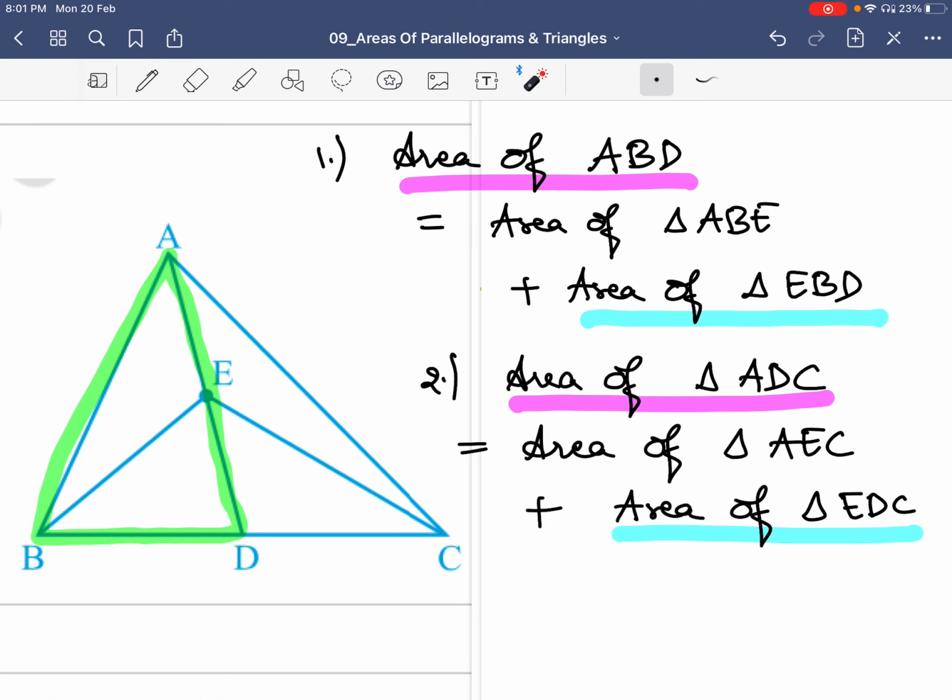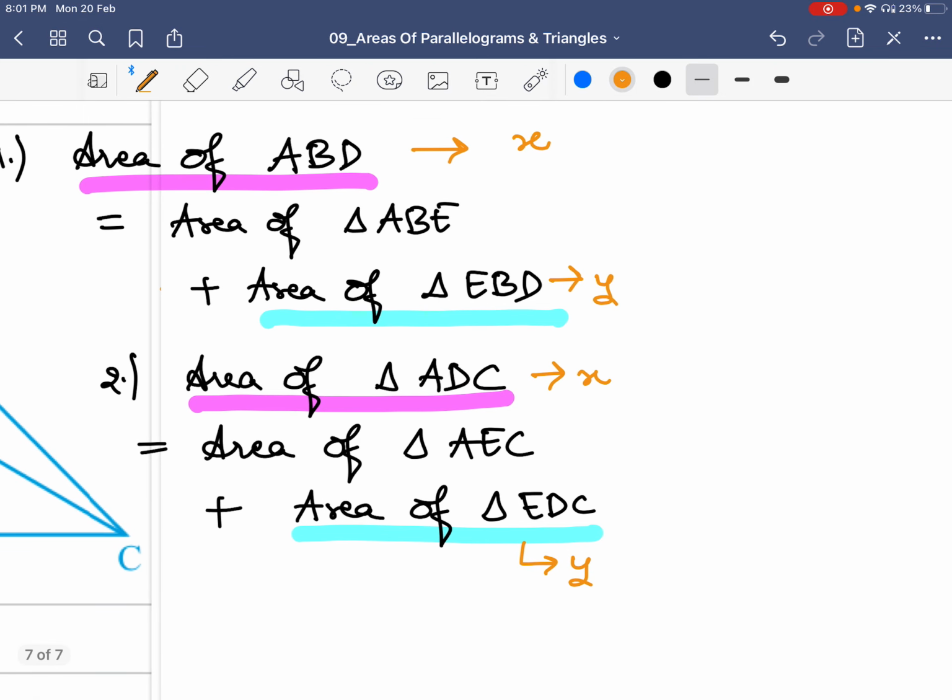Just for the sake of understanding, if you want to understand it in a better way, let's say the area of this triangle is equal to X, and let's say the area of this triangle is equal to Y. So this will also be X, and the area of this triangle will also be equal to Y. Let's come a bit to this side. Let's try to draw a line here. Another way to understand it.